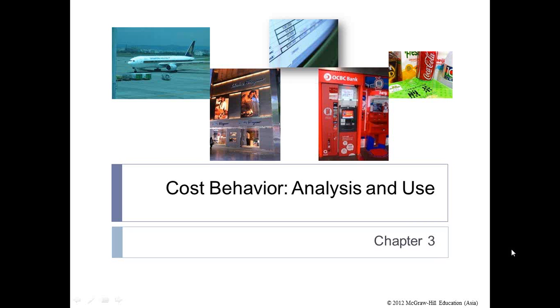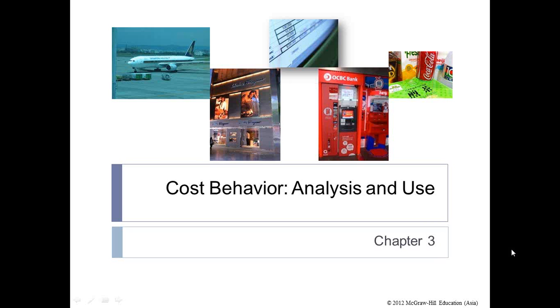So all of those types of accounts have a behavior, and accountants need to understand what types of transactions are represented in accounts. We define this as we define our accounting information system and as we define our chart of accounts. And this chapter focuses on the costs and how their behavior occurs.